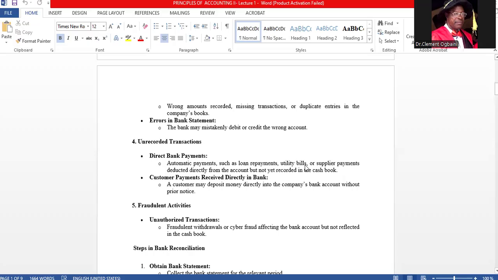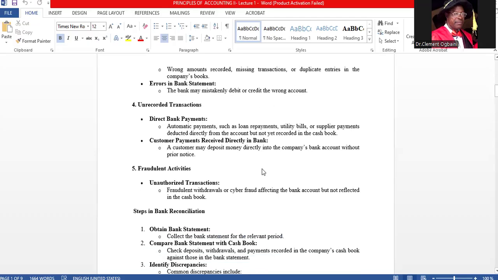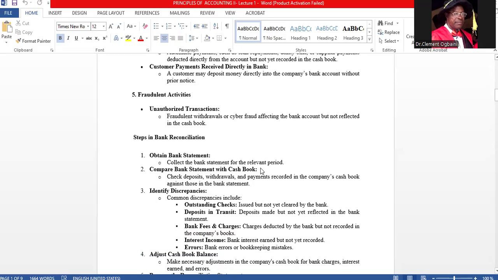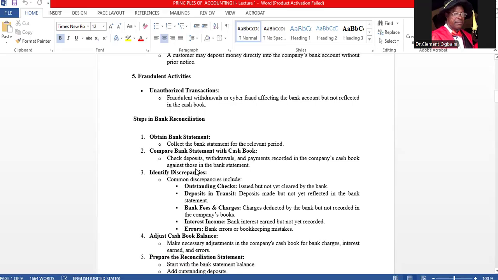And if a customer pays directly into your account and you are unaware, it will increase your balance. And also, there are many fraudulent cases in this era of cybercrime that can affect your balance. So these are what lead to those discrepancies.